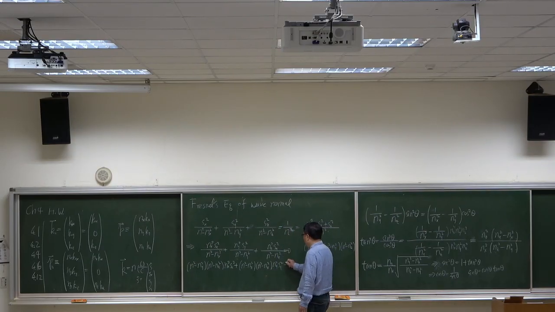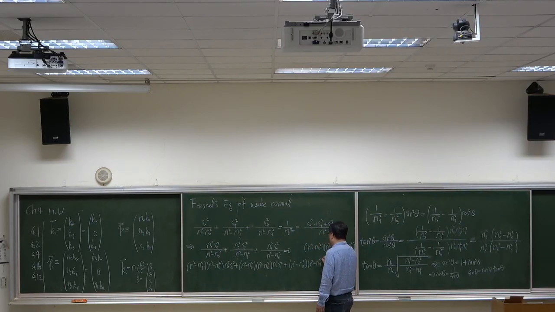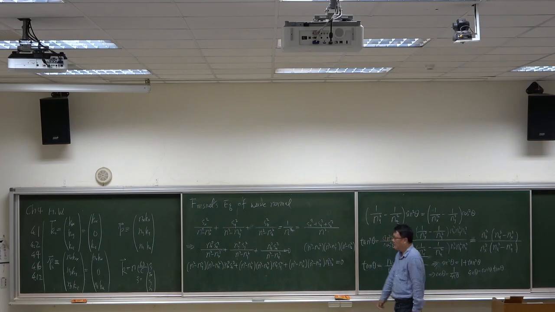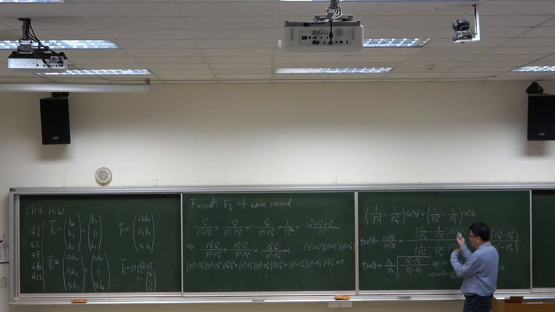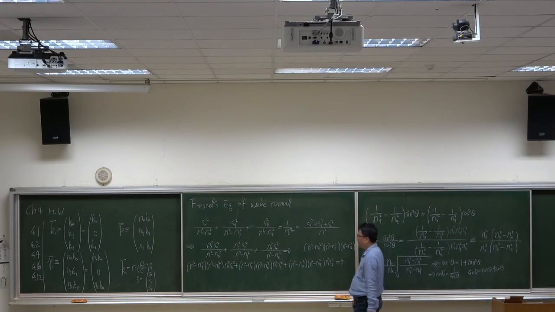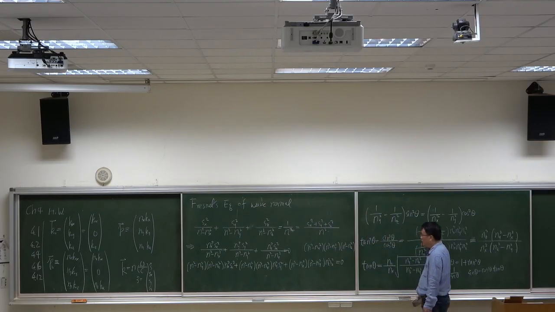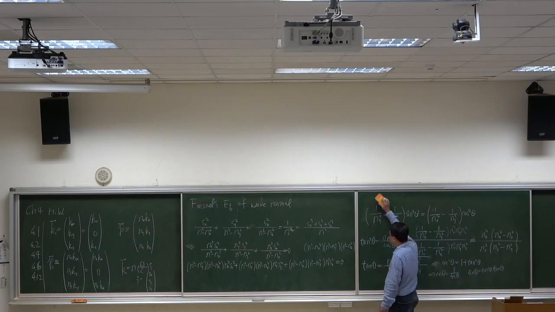And then n squared minus nx squared, n squared minus ny squared times nz squared sz squared equal to 0. Okay. Then we can collect the coefficients of each power to get the desired equation.